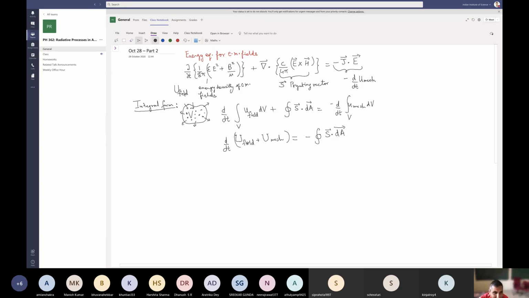We are assuming that particles are not crossing, particles are all confined. We don't allow for electrons to move out of this volume, but we are allowing the E and B fields to cross it. And this is what the flux is given by. So this is like an energy equation for a collection of particles and fields. Okay.